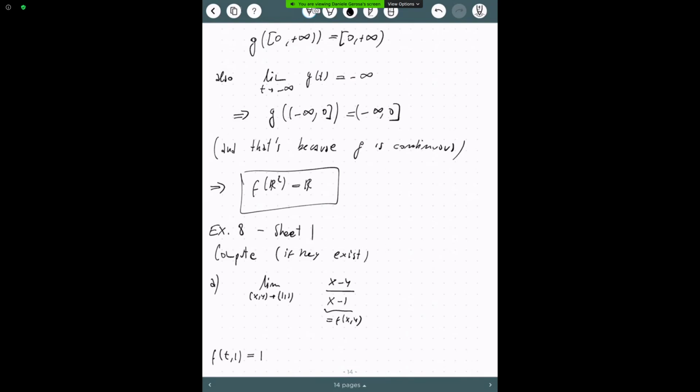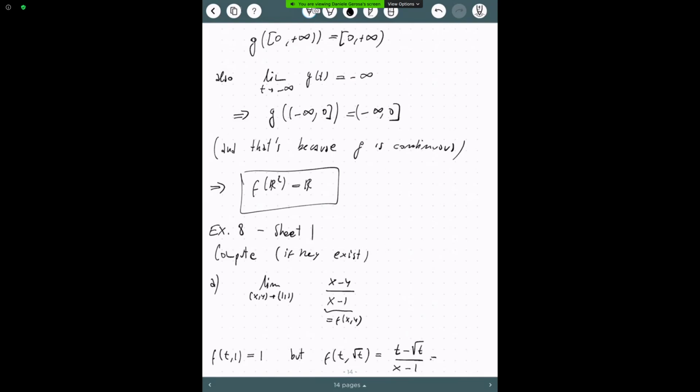Yes, it's constantly equal to 1. But if you take, for instance, the curve (t, square root of t), and now you have to send t to 1 instead of 0. So (t, square root of t) gives t minus square root of t divided by t minus 1.